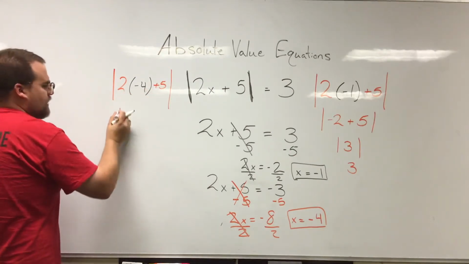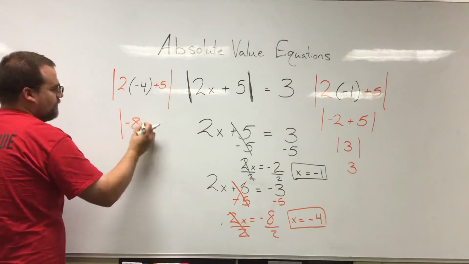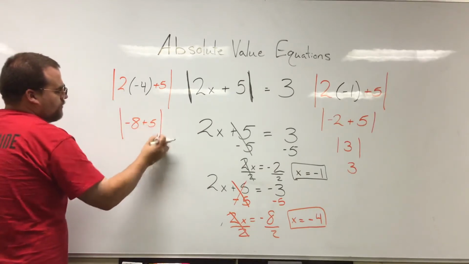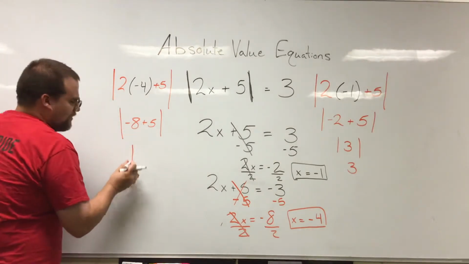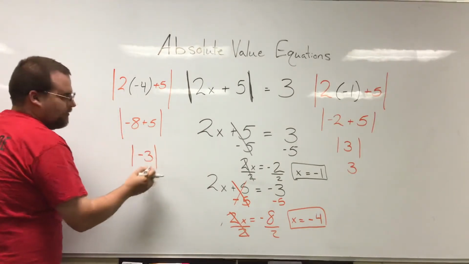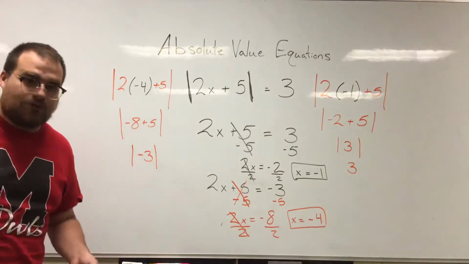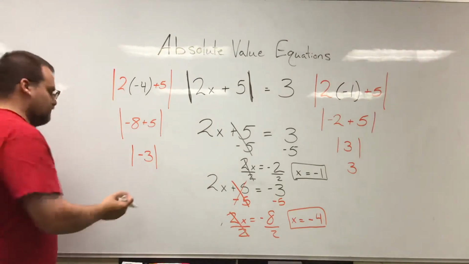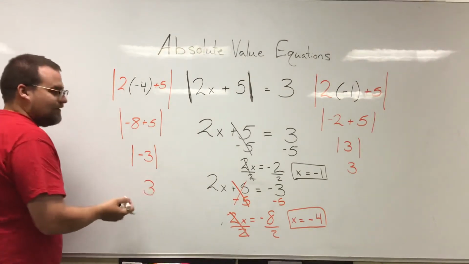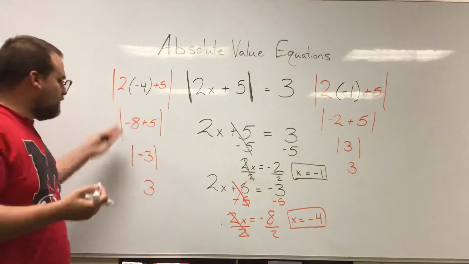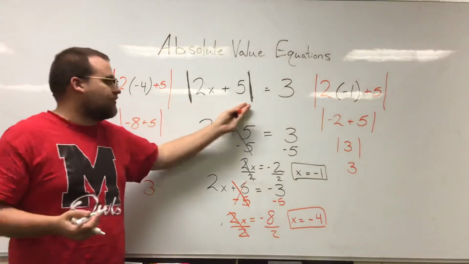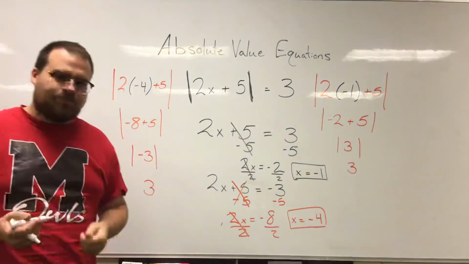Well, 2 times negative 4 is negative 8. So we have negative 8 plus 5. And then negative 8 plus 5 is negative 3. And then what's the absolute value of negative 3? Positive 3, exactly. We ended up with the same answer. We still were able to solve this equation and get 3.